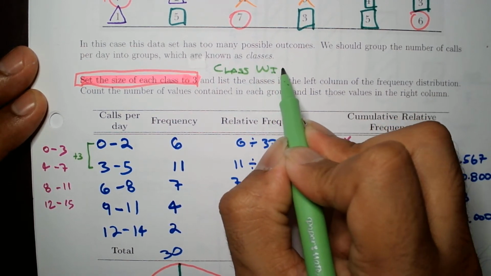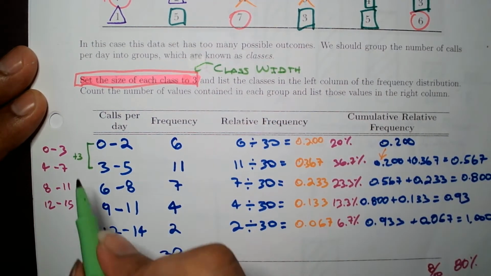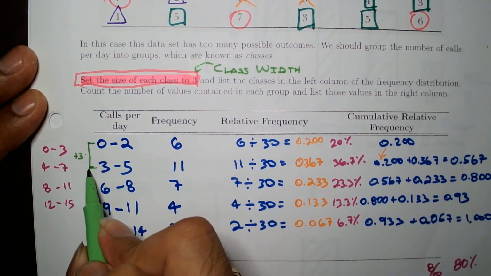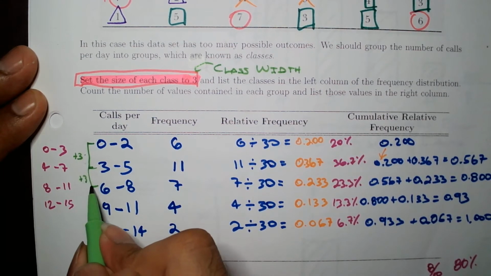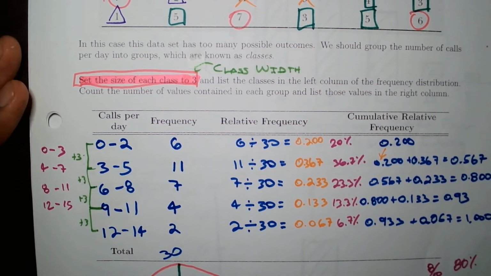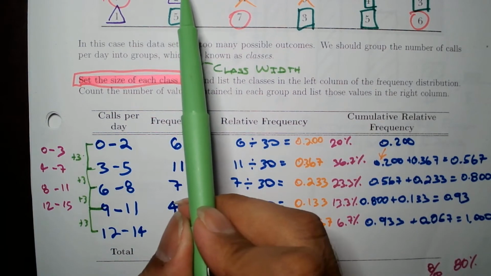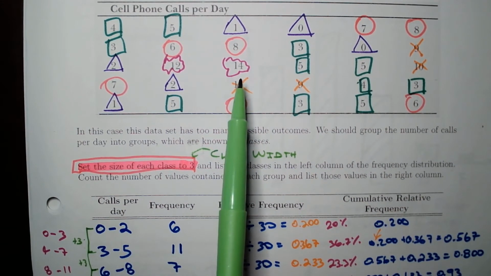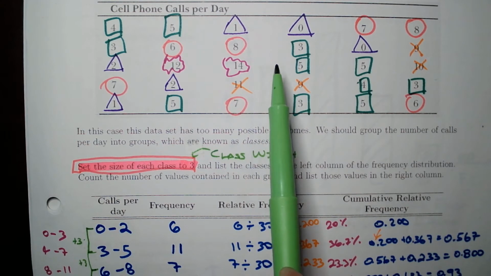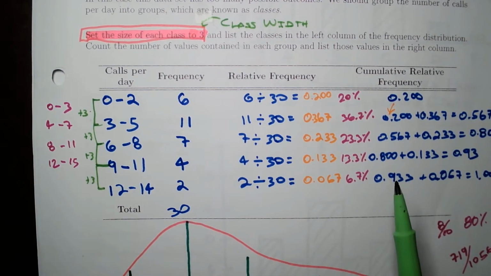That's another way of calling this: class width. Add 3 to get 3, then add 3 to get 6, then add 3 to get 9, add 3 to get 12. And notice the very last upper bound is the highest of the outcomes here. If we had, for example, a 16 or a 17, then we would need another class to group that data.